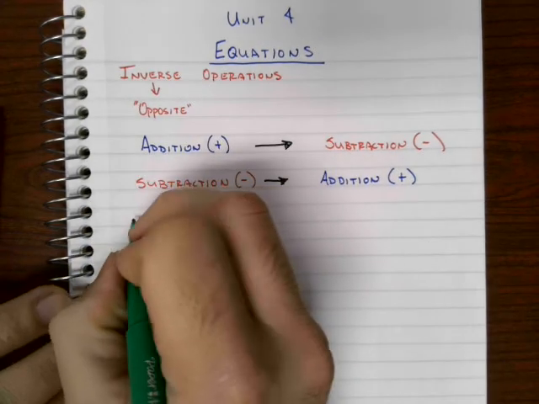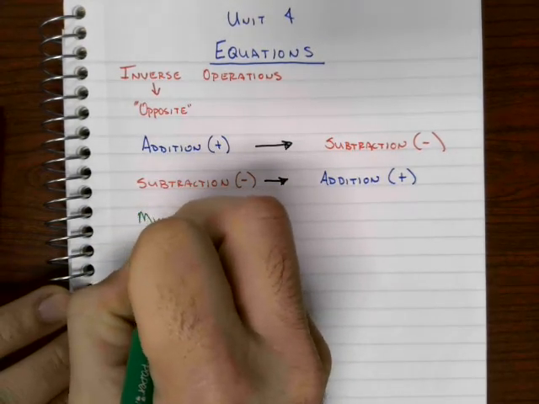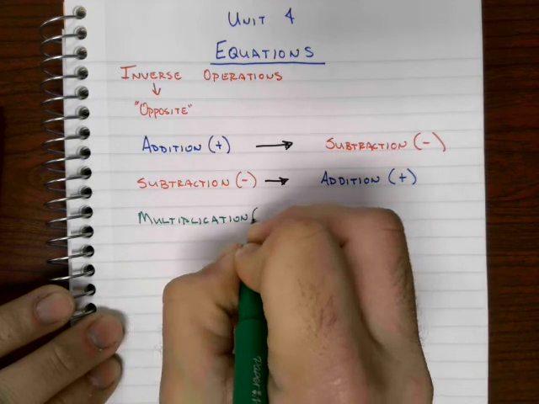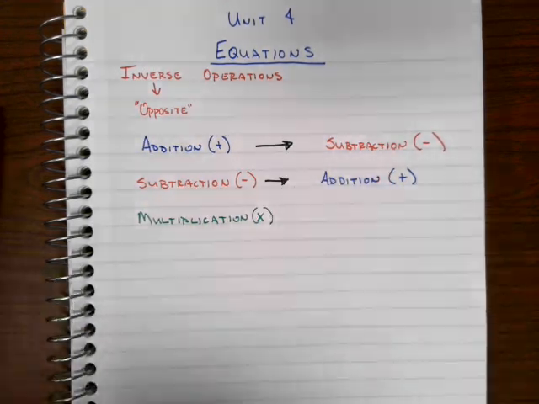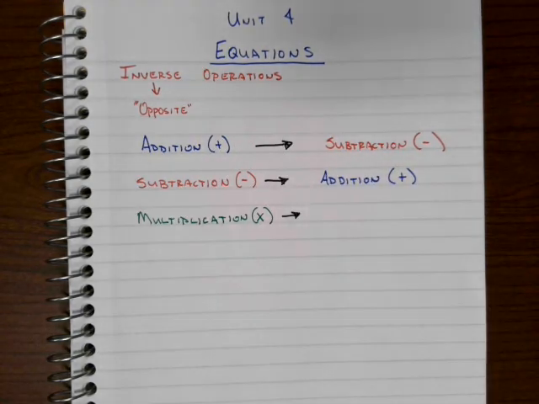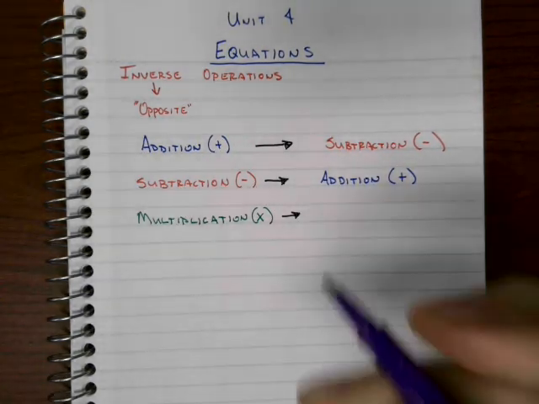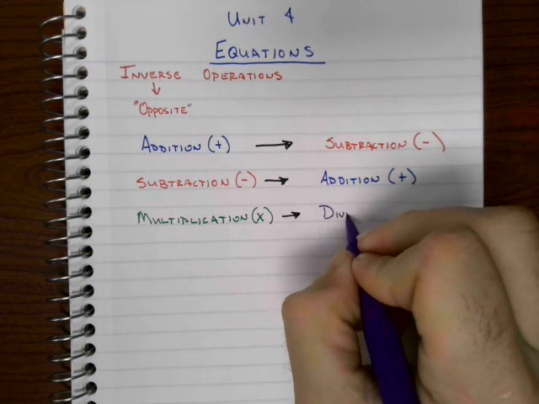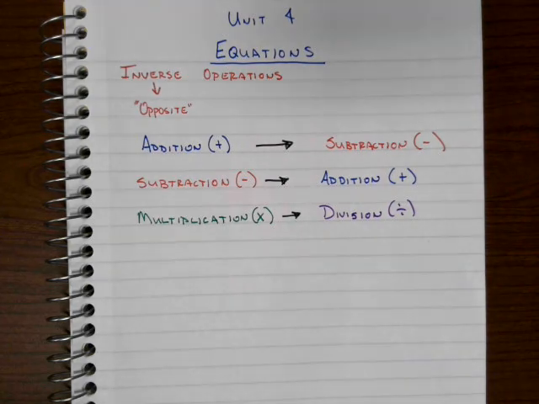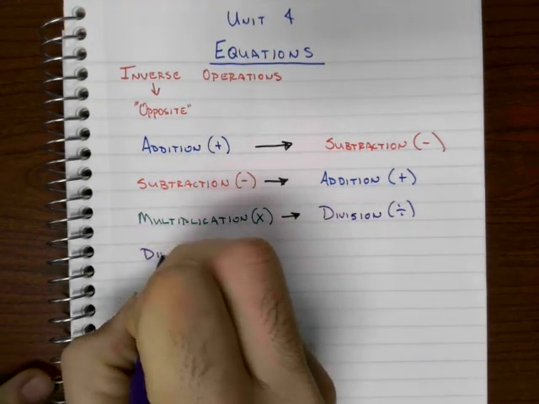The opposite to multiplication is division. And the opposite to division is obviously multiplication.